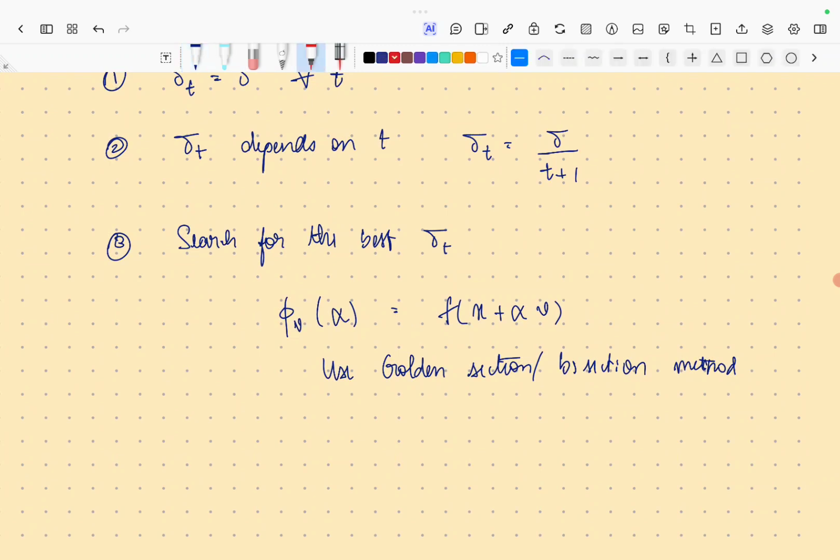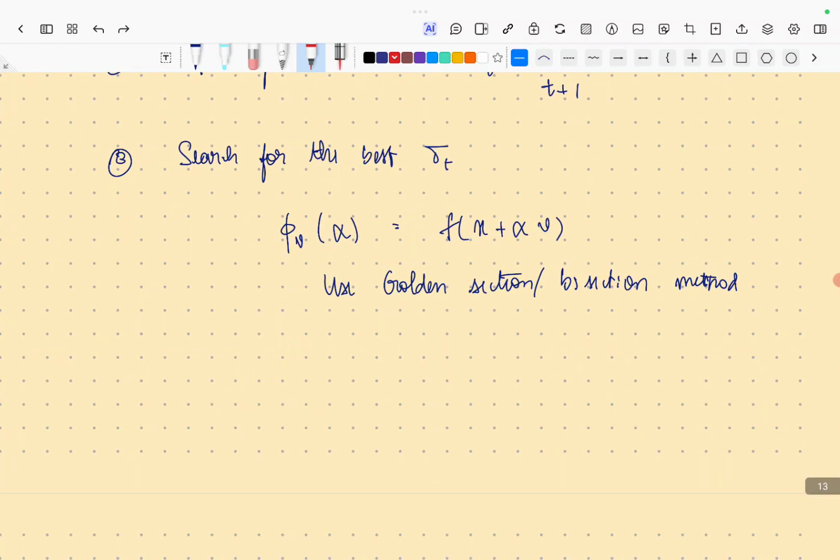Both of these approaches effectively try to solve the optimization problem exactly, which may be too much, because that's not the direction of the true minimum. It is somewhere along the direction of the minimum. Moving in the direction of the negative gradient only means that the function decreases in that direction. It doesn't necessarily mean that the minimum is exactly along that direction. So it may be too computationally intensive to find the minimum at every step.